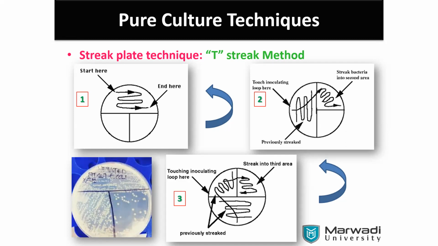If you have drawn such things with a very light marker, you won't be able to observe any line or marking from the upper part, because the media is somewhat thick, right? The line is drawn at the bottom, and you cannot visualize it. Then what do you need to do? You need to draw again and again, 5 to 10 times. If you make a thicker line over here, then it's possible.